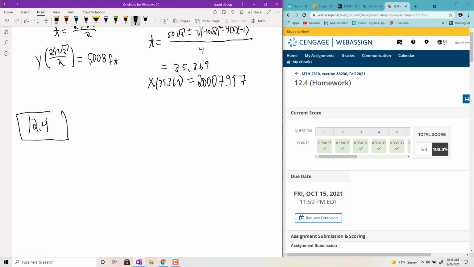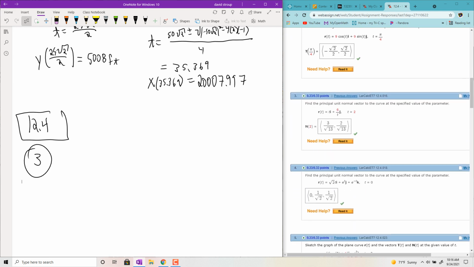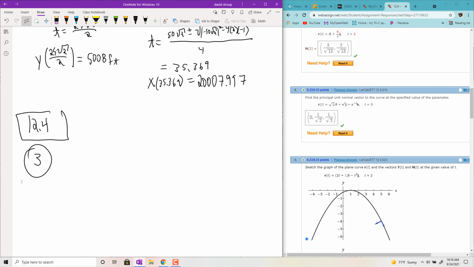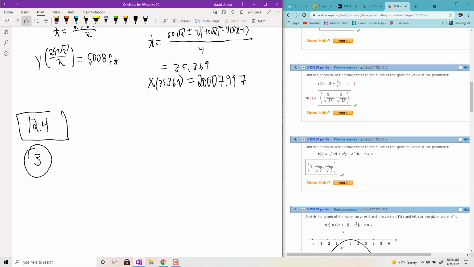So 12.4, you should be able to find all of that stuff. I'm not going to put any of the hard ones on there, like number 4, I did that one in the video. I won't put something like that on there, but something like number 3 is definitely fair game.